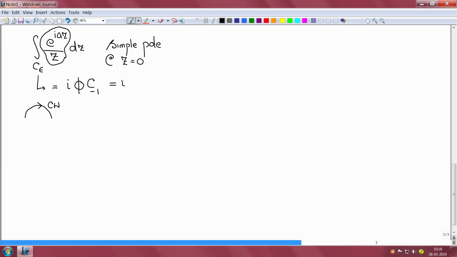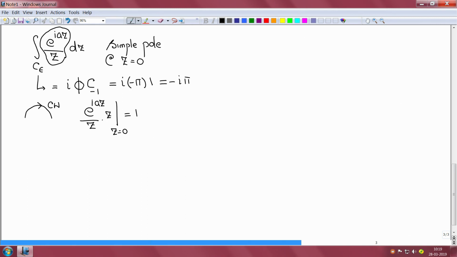So I have minus pi, and c minus 1 is the residue. So residue for this is what? e to the power of i a z divided by z into z evaluated at z equal to 0, which is equal to 1. So that is 1. So this whole value is minus i pi.